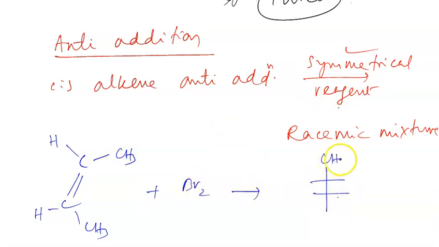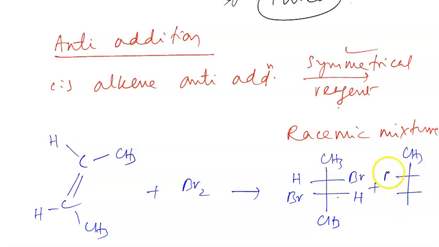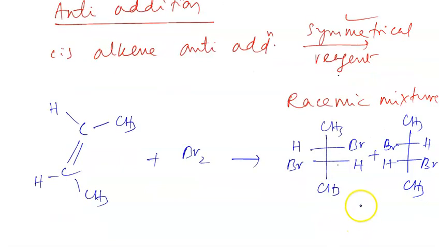So here we will get CH3, CH3, bromine, here H, here bromine, and H. And the other one will get here CH3, Br, H, H, Br, CH3. So if here one is dextro, the other one is levo, that means the mixture is racemic, or we are getting a DL pair here. Here we are talking about the anti-addition, that means one from upside and one from the lower side.